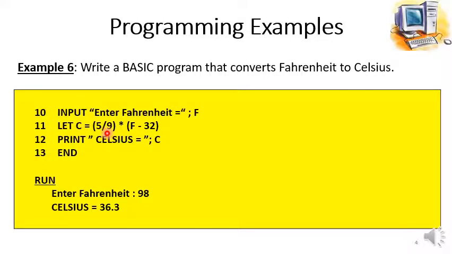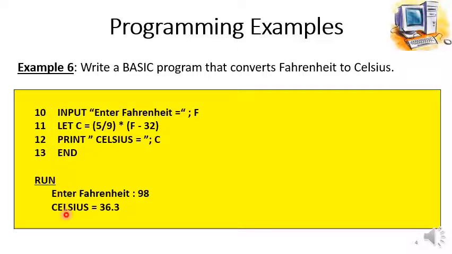Then we are writing the expression to convert the temperature given in Fahrenheit into Celsius. And the formula is 5 divided by 9 multiplied by f minus 32. This is the formula to convert Fahrenheit into Celsius. So the expression will be evaluated and the value will be assigned to variable c, and in the next statement with the help of print statement, we will be printing the value of this temperature in Celsius.